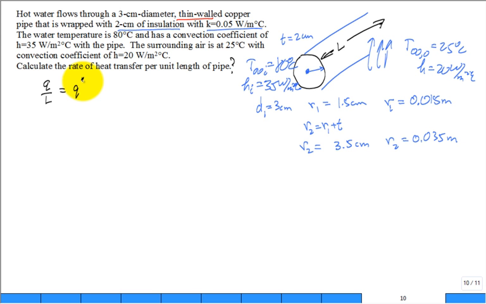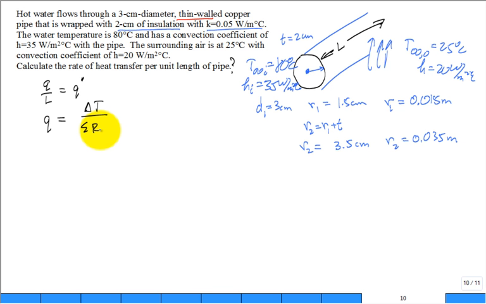Q over L or Q prime. So how do I calculate Q? Wouldn't it be delta T divided by some overall resistance to the heat transfer going from the hot inside water to the cool outside air? That'll be a sum of resistors. True? Okay, the same thing you can do here.